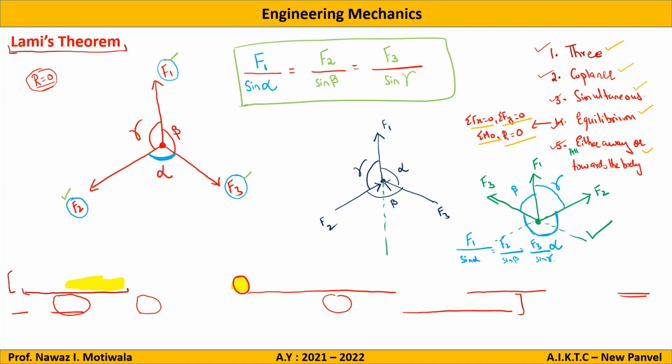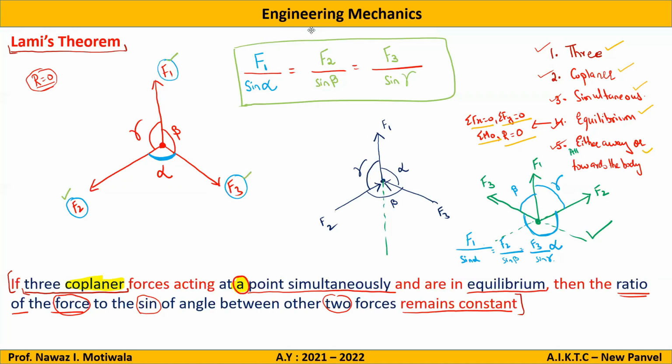And what is Lami's theorem? It says that if 3 coplanar forces acting at a point simultaneously are in equilibrium, then the ratio of each force to the sine of the angle between the other 2 forces remains constant. Here we have taken an example considering the forces F1, F2 and F3.